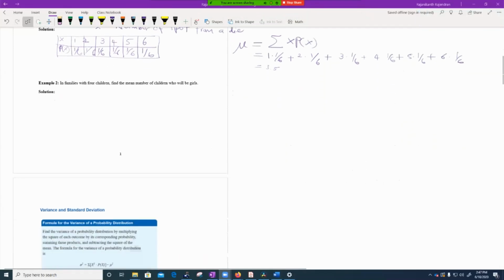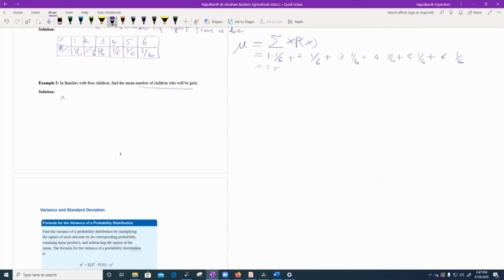In families with 4 children, find the mean number of the 4 children who will be girls. So here our task is to find the mean of the variable, which is the number of the 4 children who are girls, right? Remember, we are checking a 4 children family, okay?